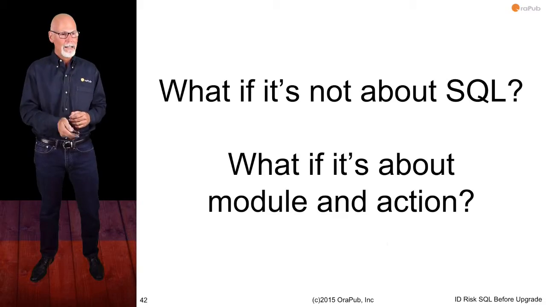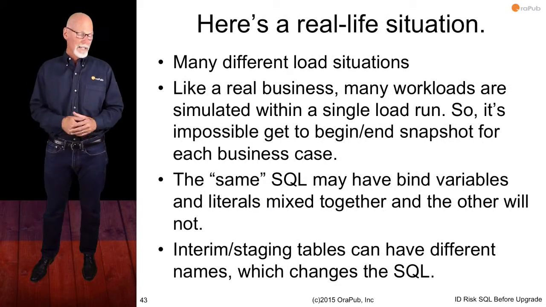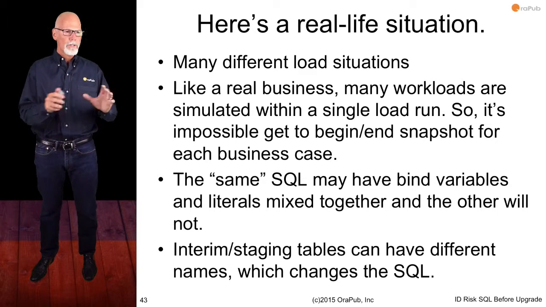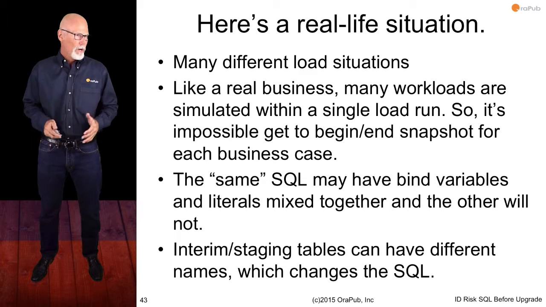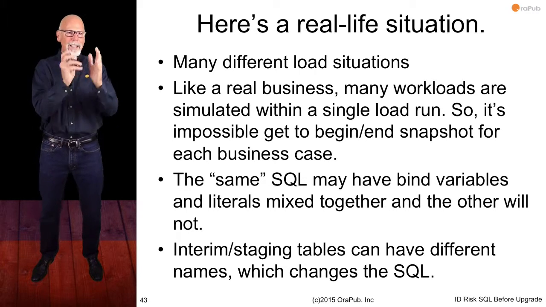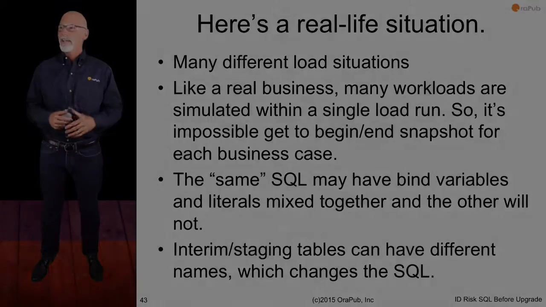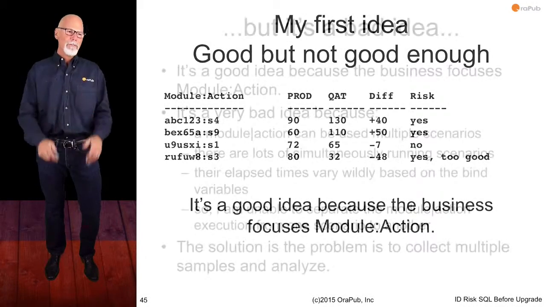So we're going to get into that. So here's a real life situation that I've actually personally found myself in. There are many different load situations. And like a real business, the load situations don't start and stop in nice, clean AWR snapshots. Right? Now, that's good news, but there's even more bad news.